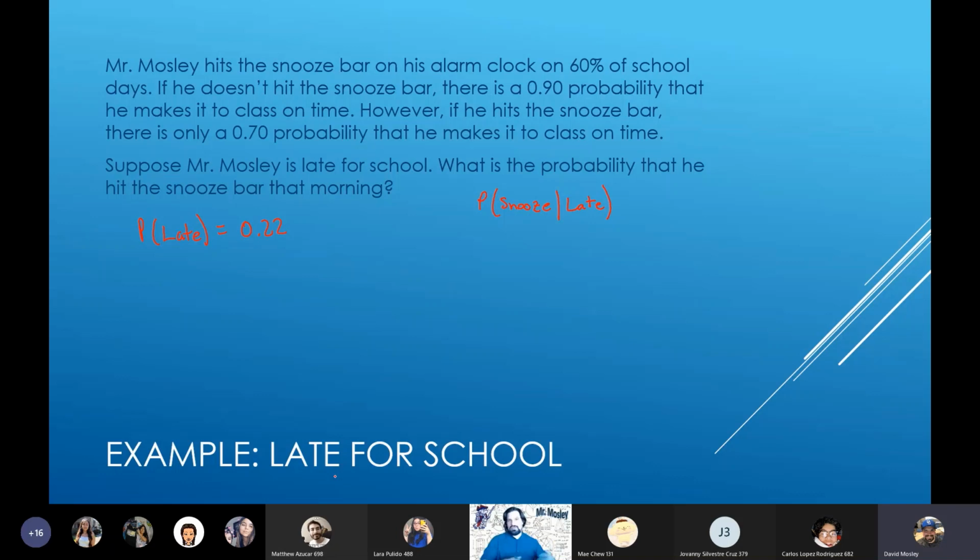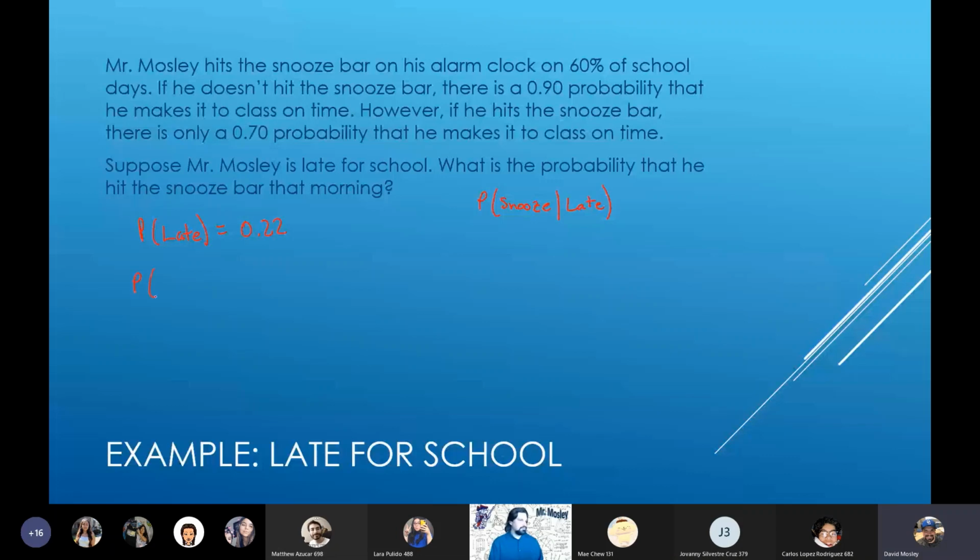Right, on the previous one, the probability we knew was the probability that I was late given that I hit snooze. Now we're finding another probability here. So we have probability I'm late, 0.22. I want probability of snooze given that I was late.